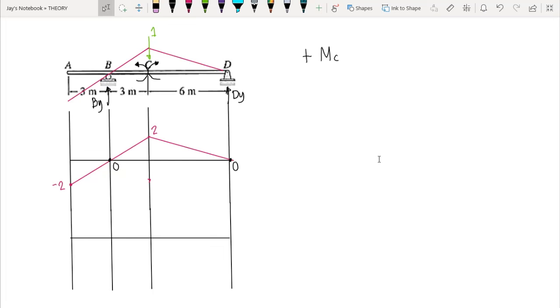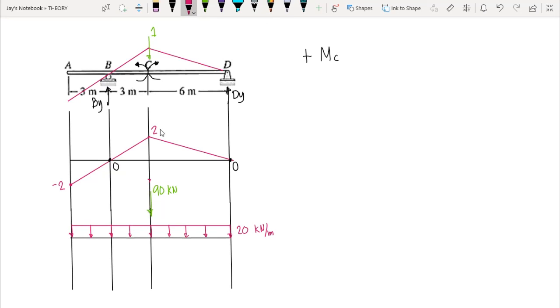In this case, we have our highest ordinate here at point C, which is 2. So we place our 90 kilonewton at point C. Now for the dead load, as we all know, the dead load is fixed in our beam, so it is acting all over our beam. So we have 20 kilonewton per meter.